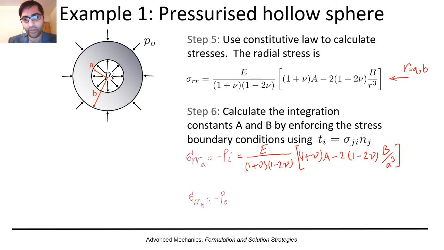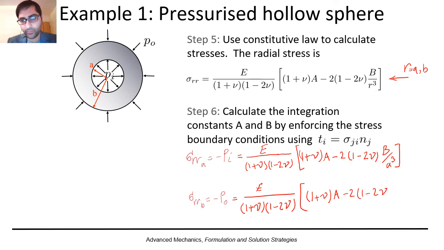And for sigma_rr at b, we have the same, E divided by 1 plus nu, 1 minus 2 nu, multiplied by 1 plus nu, multiplied by A, minus 2, multiplied by 1 minus 2 nu, B divided by, this time, b to the power of 3.